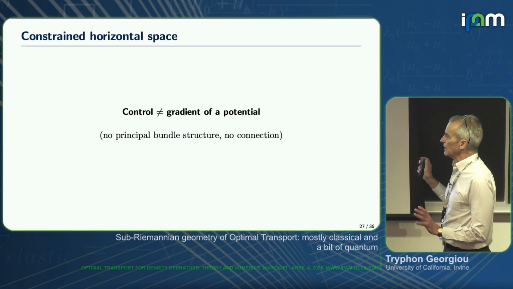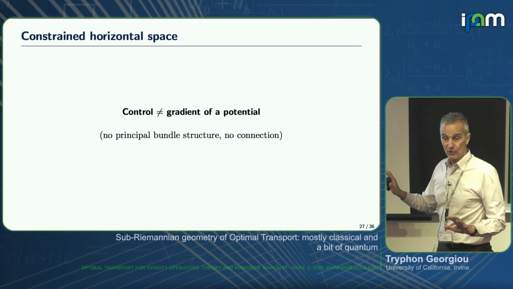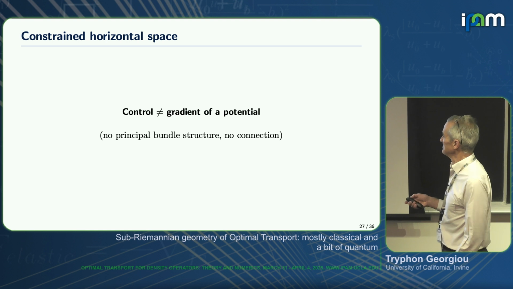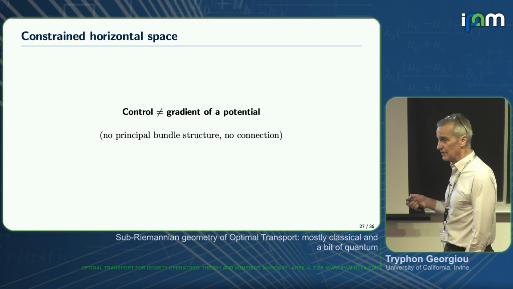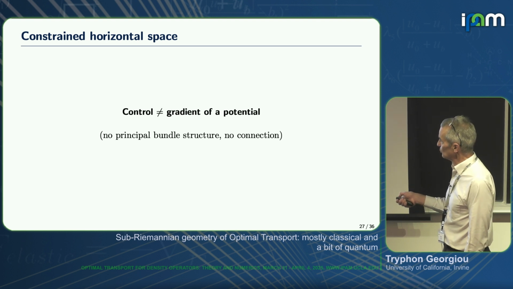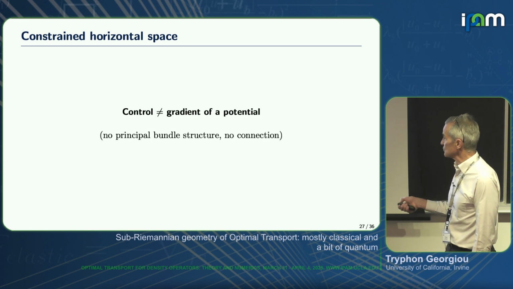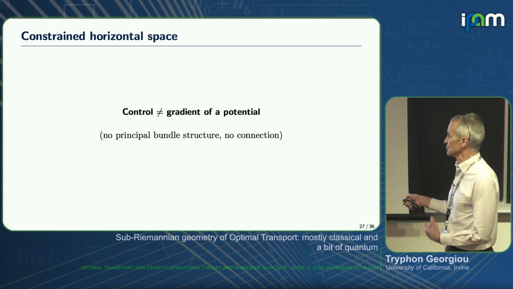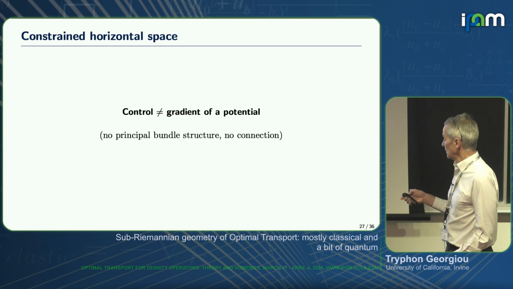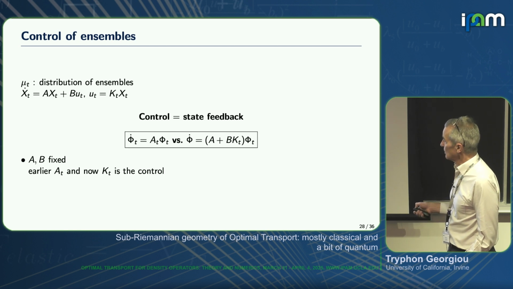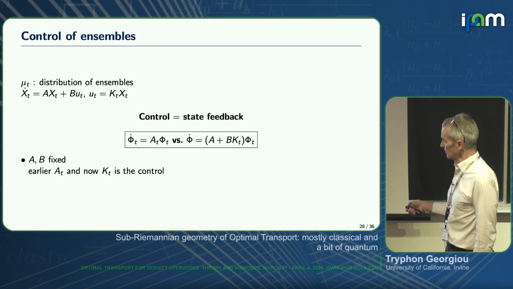So now very quickly, I don't want to belabor this point because we don't have all that much time, but you can do more or less the same thing if the control is not the gradient of the potential and you don't have a bundle structure, you don't have a connection, and you simply broadcast all the particles again and they all follow a state feedback law like that.